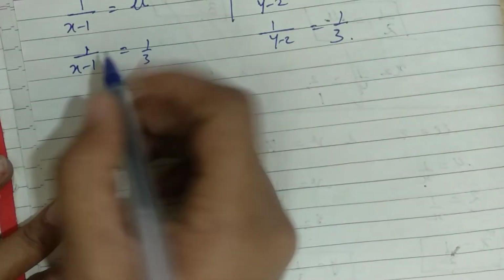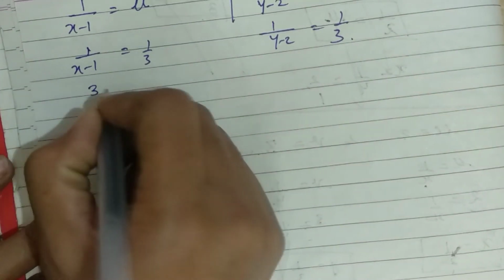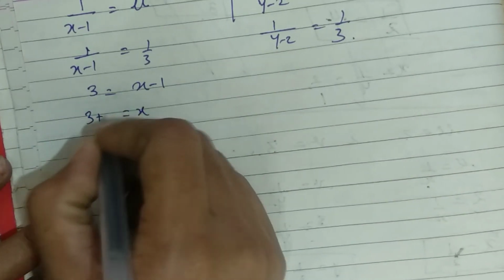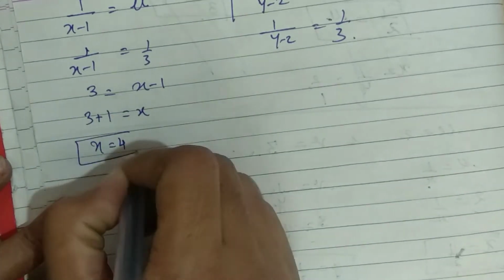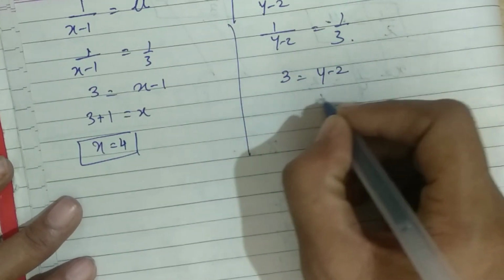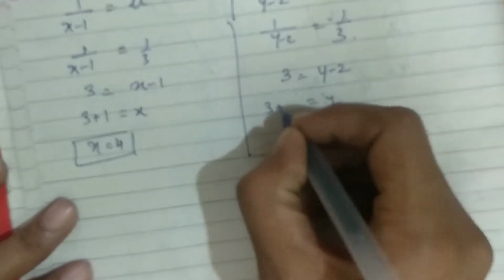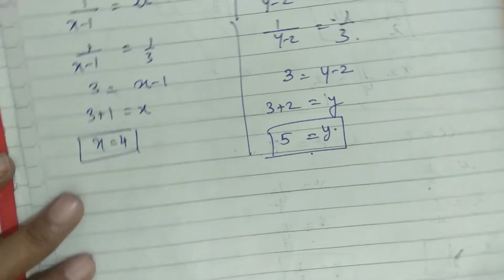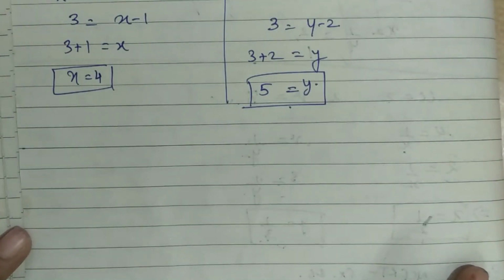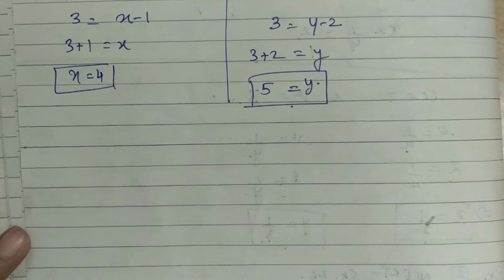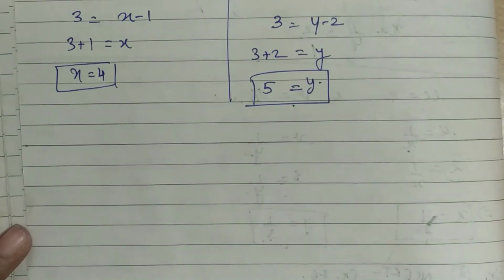Okay, so how do we find out? By cross multiplication we get 3 equals x minus 1, that is x equals 3 plus 1, that is x equals 4. And in that case 3 equals y minus 2, that is y equals 3 plus 2, that is y equals 5. So this is the method of how we convert the given set of equations into linear form, and then we can solve by any method.